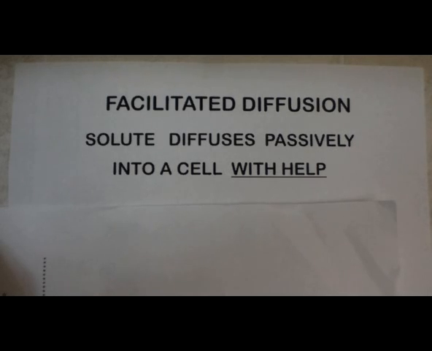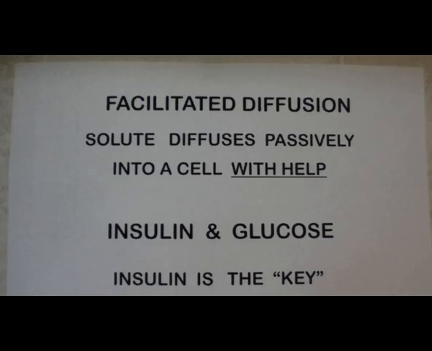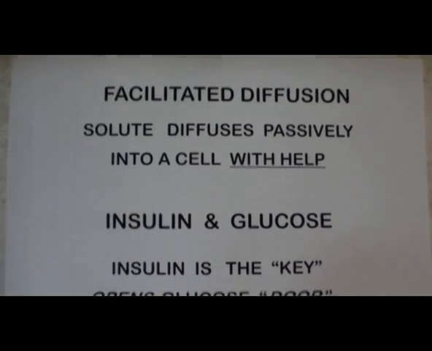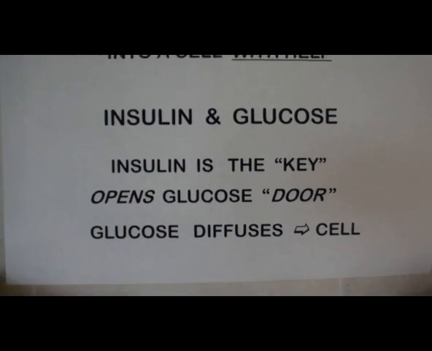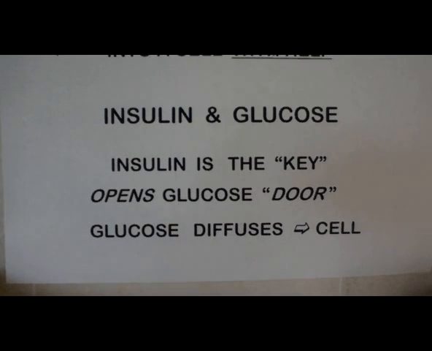So here's what the cells in our body have done to fix this problem. We have a hormone called insulin. When insulin combines with the cell, it acts like a key. And that key opens the door on the cell for glucose, and glucose will diffuse into the cell.